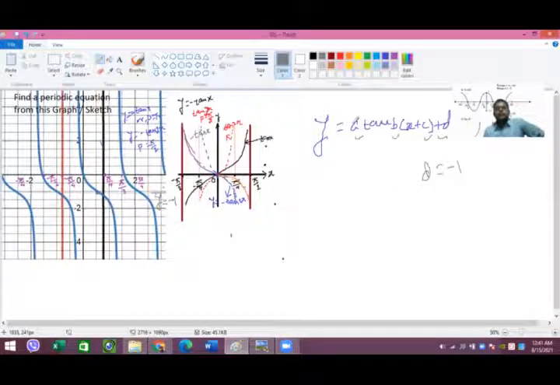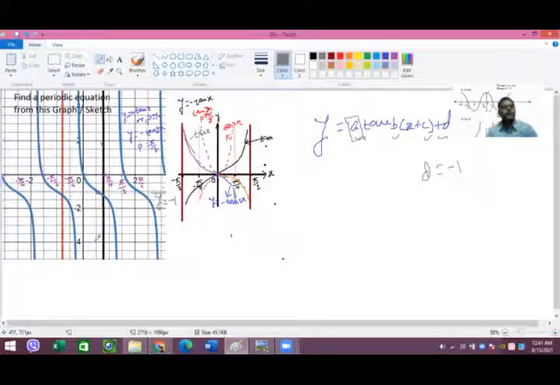Now let's talk about the period. In fact, the tan function doesn't have a fixed period. It has a period from negative infinity to positive infinity, which is undefined, but we can try to get the a value from this curve.